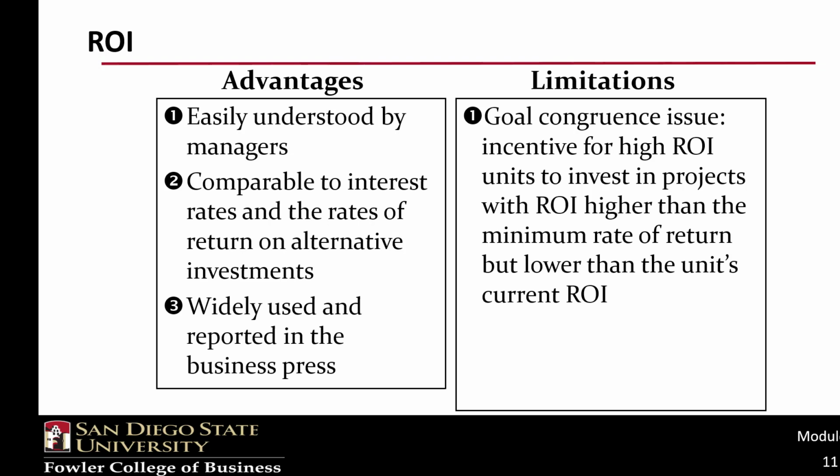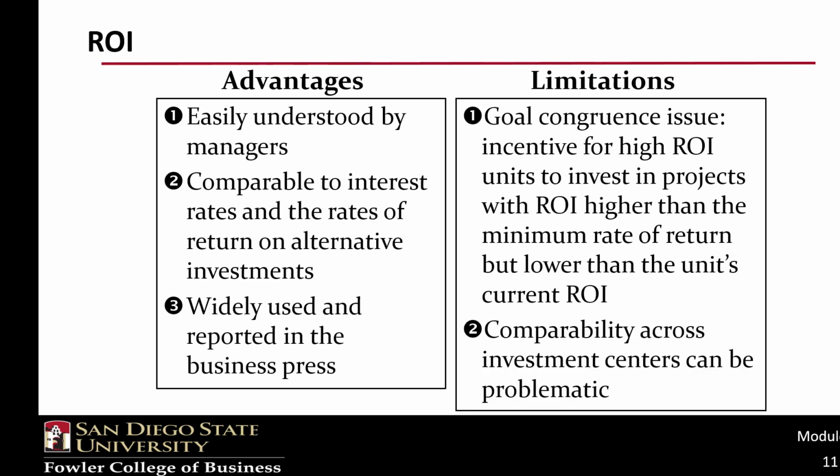But you have a particular division that's generating 12%. If we're measuring their performance on ROI, it is not in their best interest to take something that yields a 10 or 11% ROI, because that reduces the level of ROI they're operating at and in theory lowers their performance. And so you have to be a little bit careful to make sure that doesn't happen.